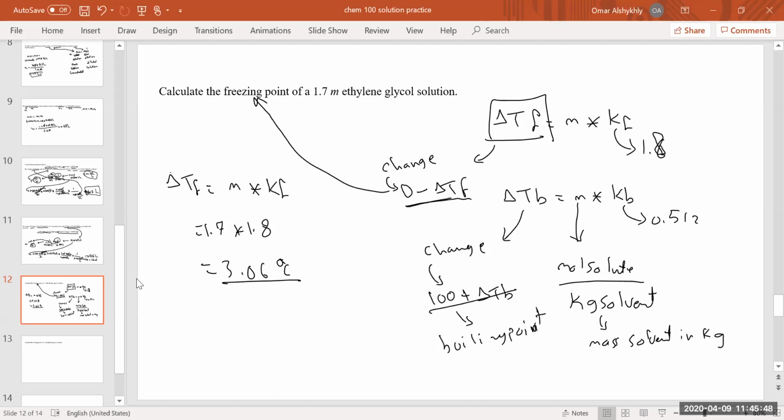This is the delta T sub F. Here, the freezing point will be 0 minus 3.06, and it will give you minus 3.06 Celsius degree.